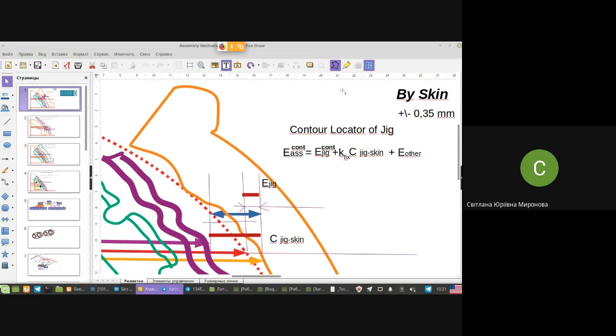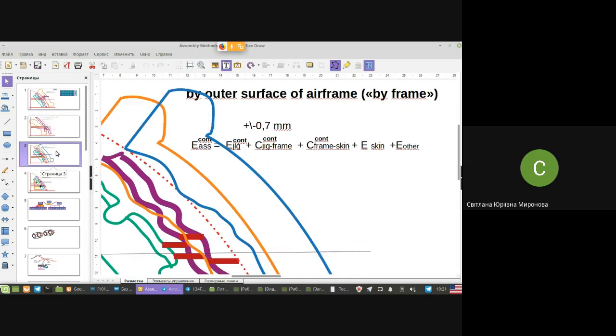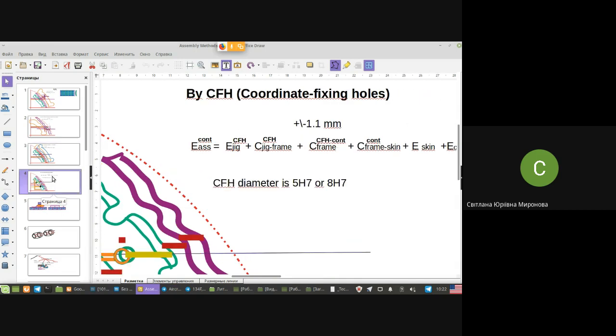Each time in a corner it was written the equation of errors, statistically proving the accuracy of one or another technique: by skin, by mockups, by inner surface of frame, by outer surface of frame, by airframe. You see values each time by CFH, and these values are different each time.